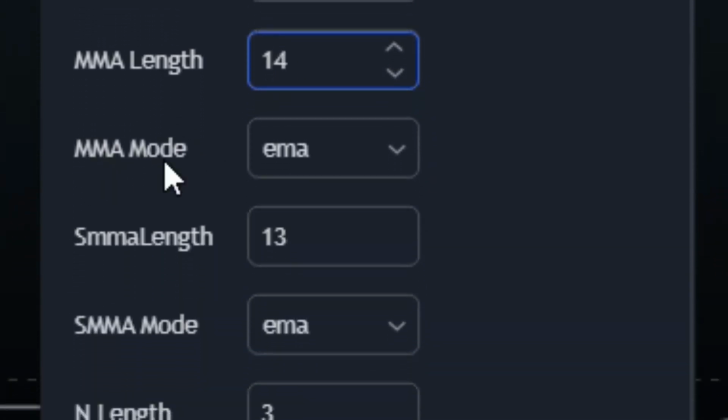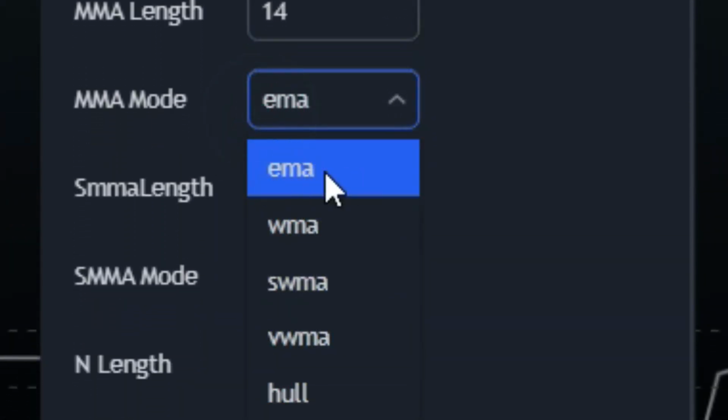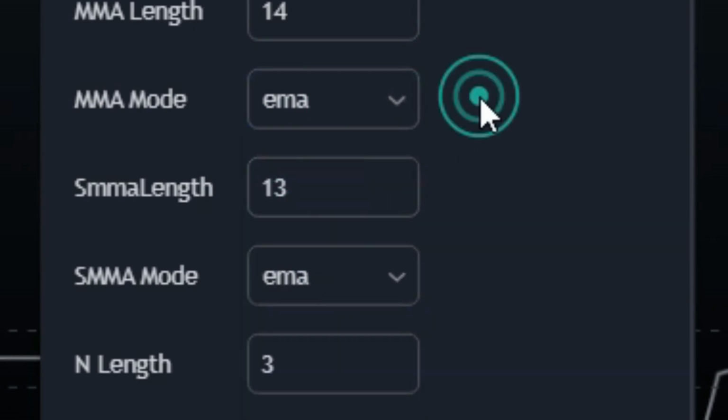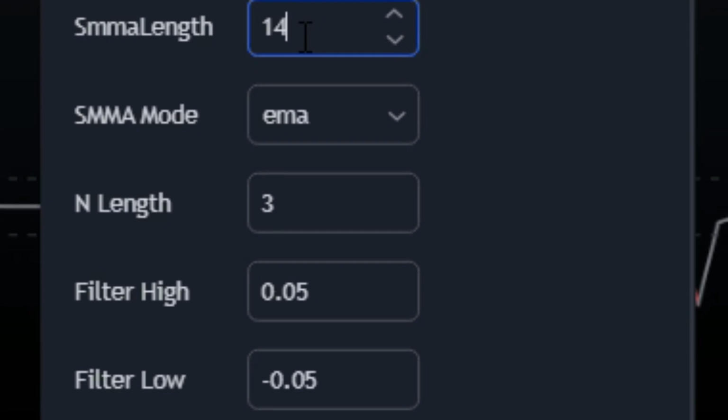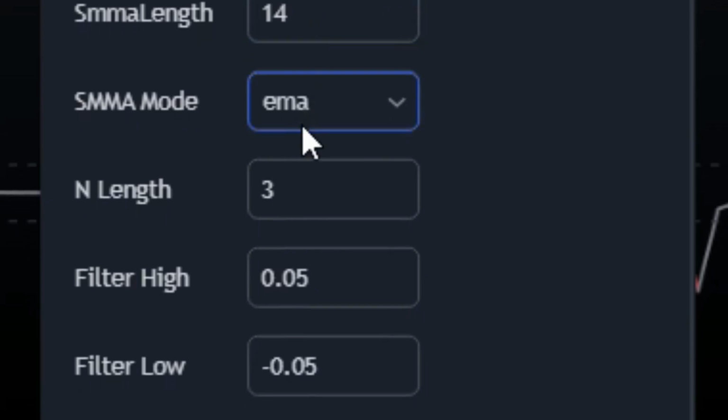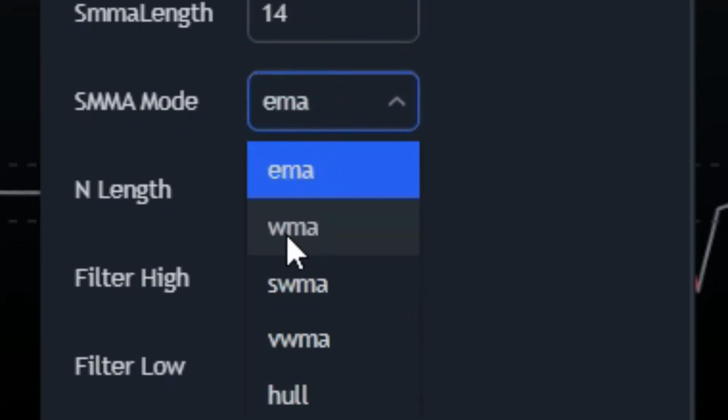After that, ensure that the MMA mode remains at the EMA. Then change the SMMA length to 14. After that, switch the SMMA mode to WMA.